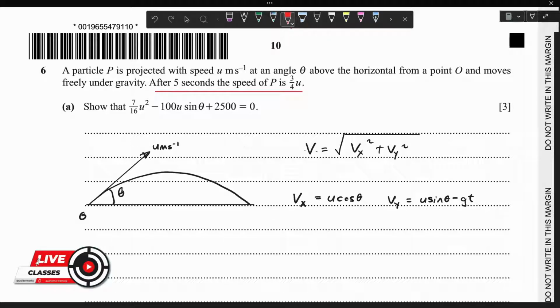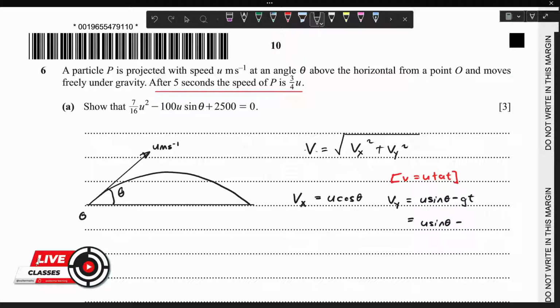This is derived from v equals u plus at. So this would be u sine theta minus gt. Let's use 10 for g.